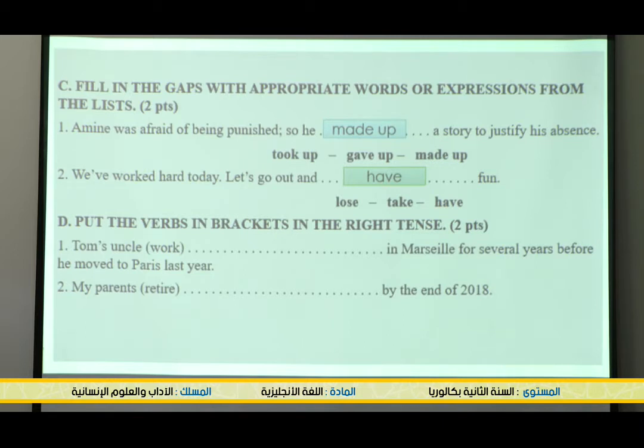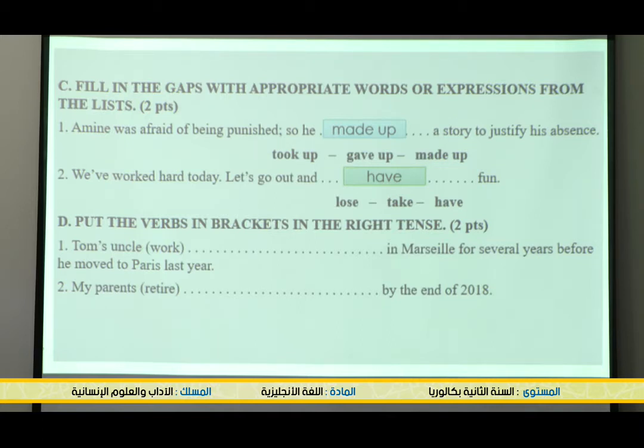Now, next exercise, D. Put the verbs in brackets in the right tense. So in this exercise, you have to give the correct tense. So I'm going to tell you something which is going to help you do this exercise.